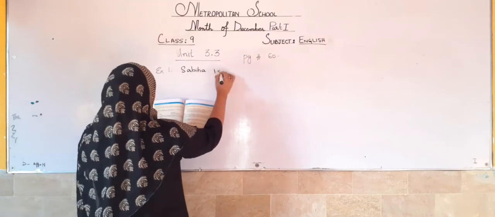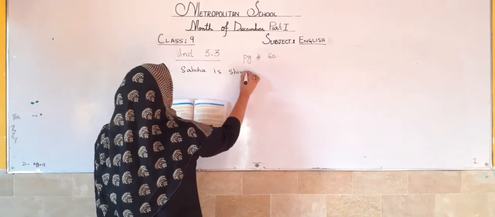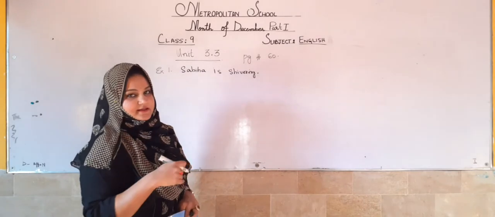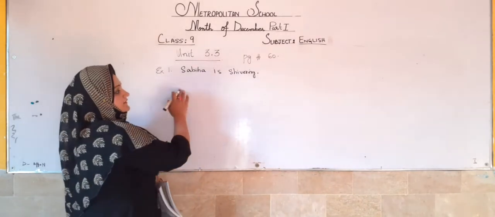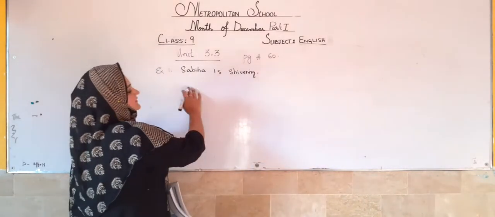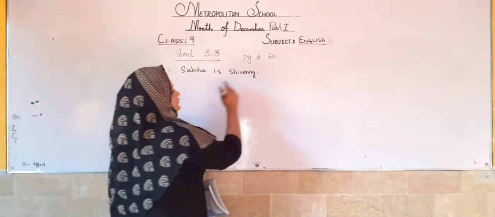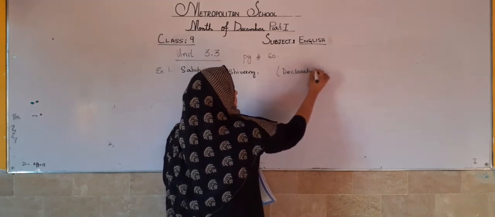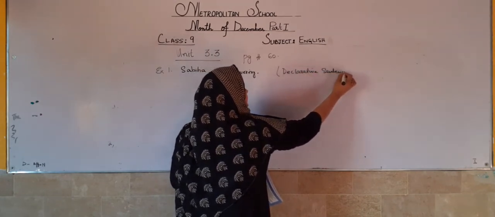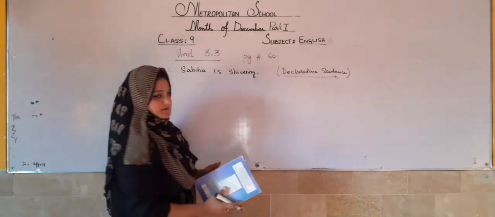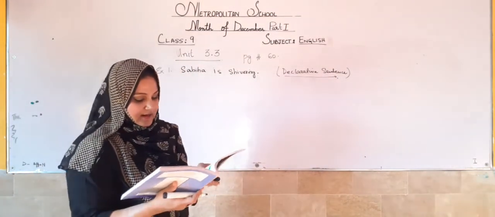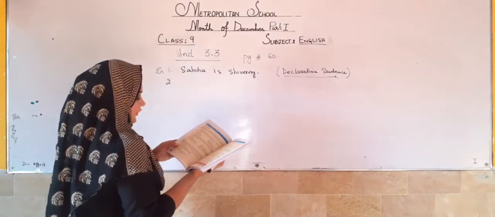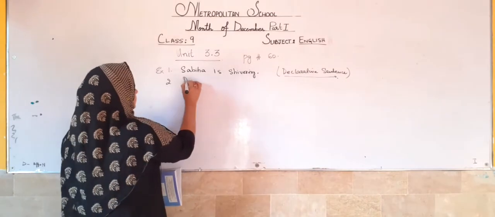For example, I am taking number 1. Shabiha is shivering. First of all, we need to identify the type of sentence. Which type of sentence is this? This is a general statement in affirmative. So this is a declarative sentence. You just need to write the type of sentence in front of the statement. Now come to number 2. Are we going to the football field?